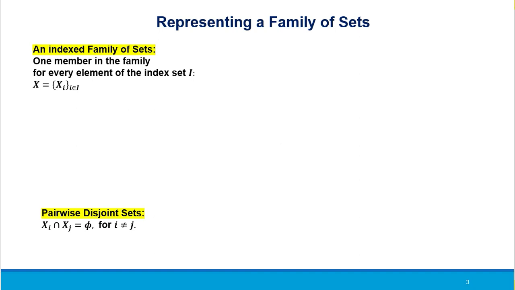We create an indexed family of sets, and for that we take an index set I, and we create a family Xi, letting i run over the members of the index set I. It means that for every member of this index set, we have a set in the family.